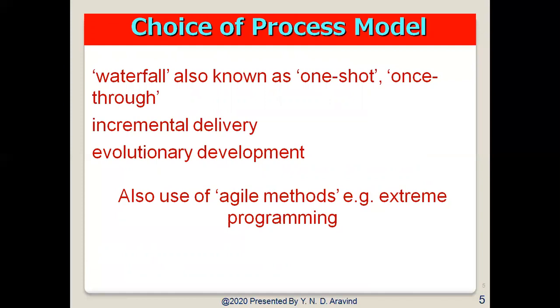It is also referred to as a linear sequential life cycle model. It is very simple to understand and use. In the waterfall model, each phase must be completed fully before the next phase can begin.